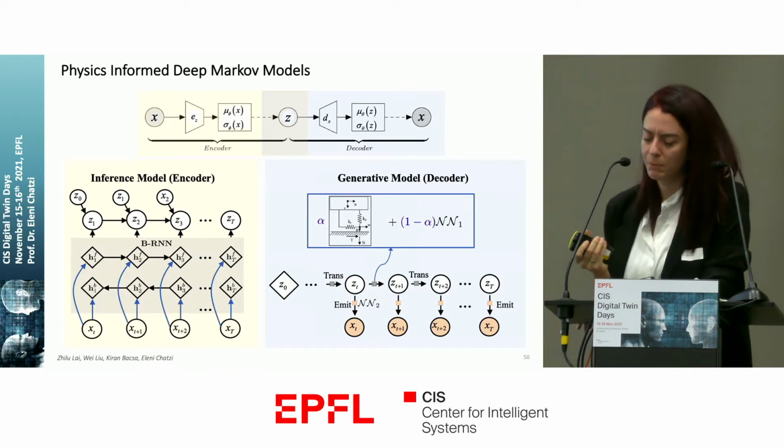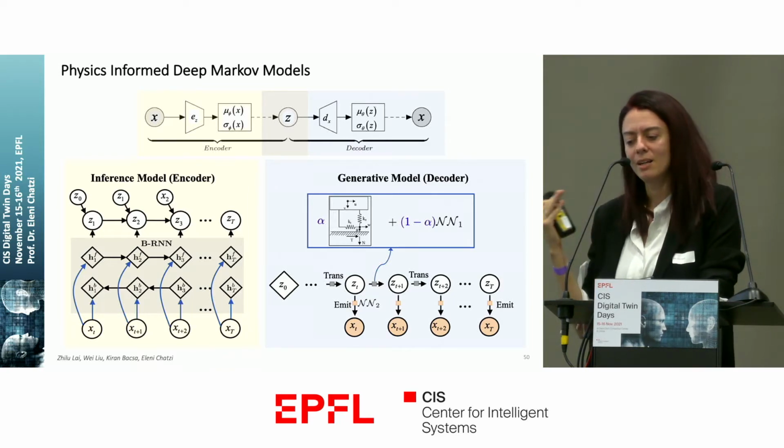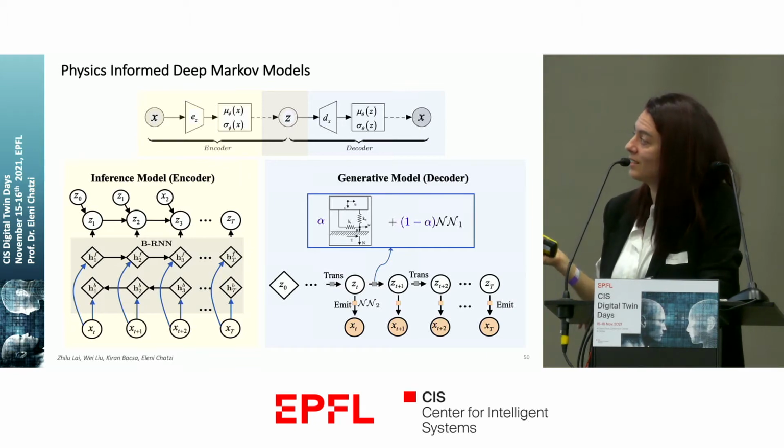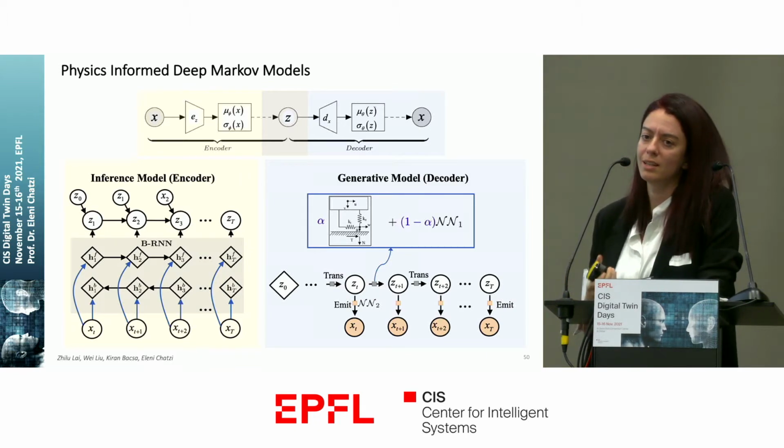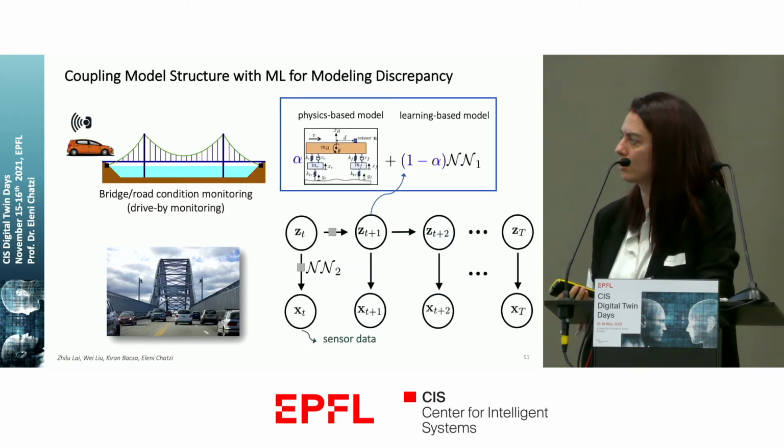By doing this, by using this inductive bias, we end up predicting a latent space that is actually physical and no longer this agnostic type of space that a neural network would learn as a black box.